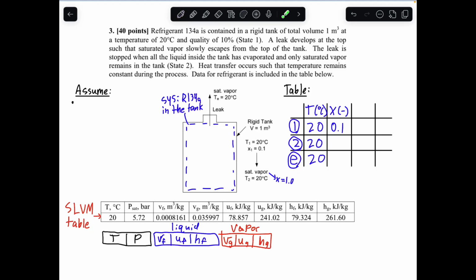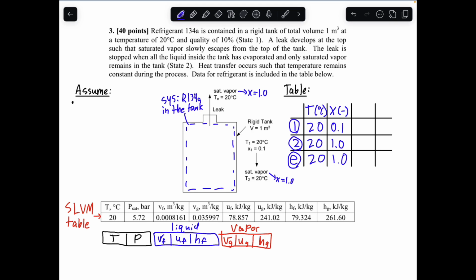If we had saturated liquid, that would be X equals 0, but they're telling us we have saturated vapor, so we can infer that the quality is going to be 1.0. And the same thing is true at the exit. We also have saturated vapor leaving the system right here, and so that is going to be a quality also of 1.0 at the exit.